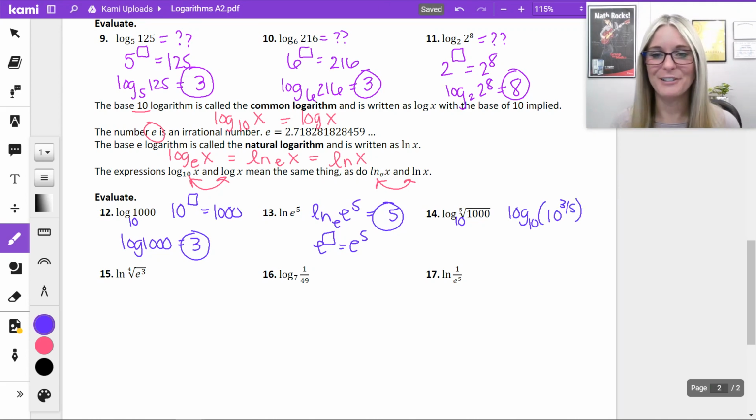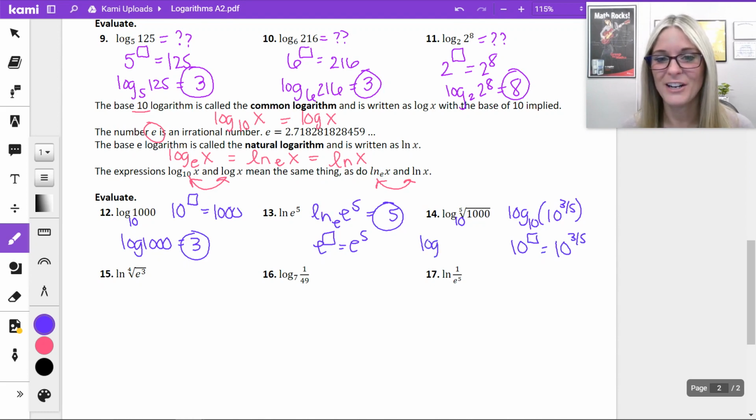I'm going to show you on the calculator, but 10 cubed is 1,000, and you know from your rational exponents that fifth, that denominator, was the number I got from my root. So then when I write it as exponent, the base raised to what exponent gives me 10 to the 3/5? It is 3/5. So final answer, the log of the fifth root of 1,000 is equal to 3/5.